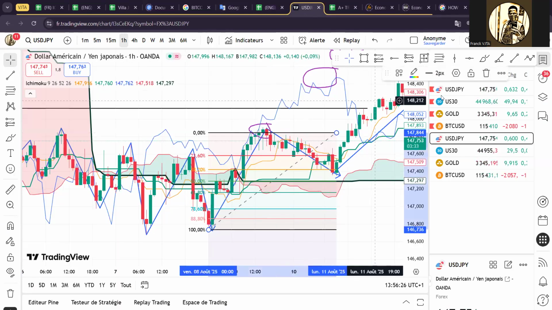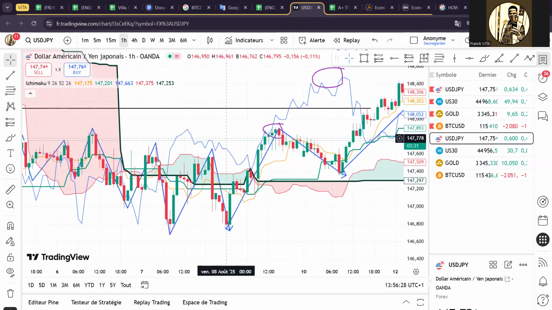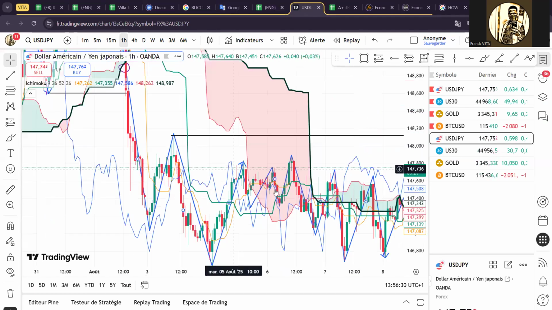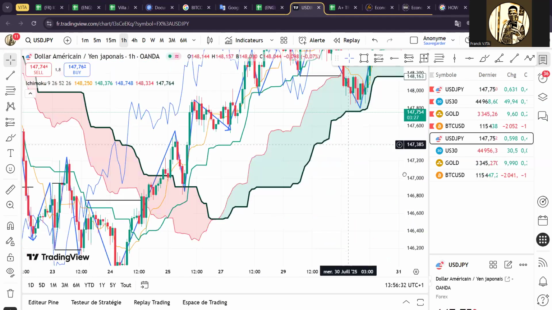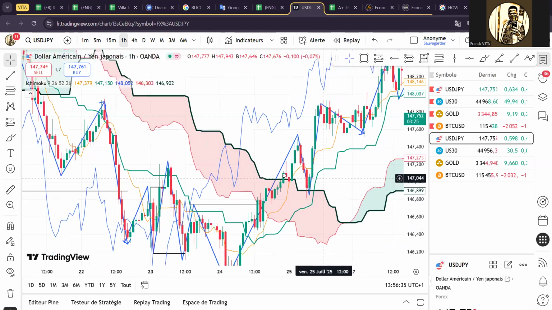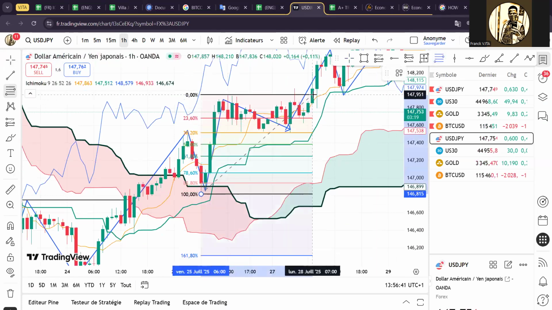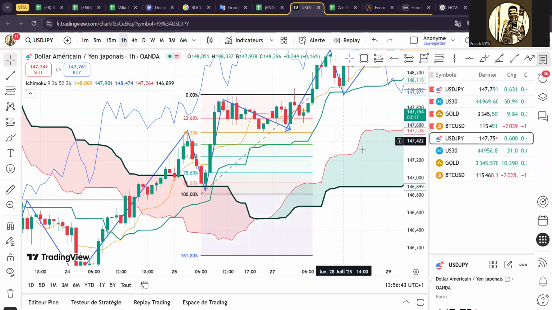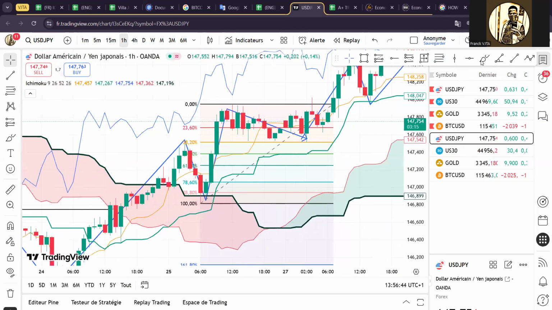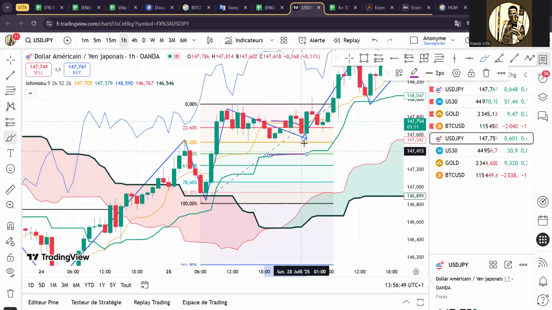Another thing is for Tenkan. Let's look at this, for example. From this bottom to this top, what do you see? Candles went inside Tenkan, between Tenkan and Kijun, right?